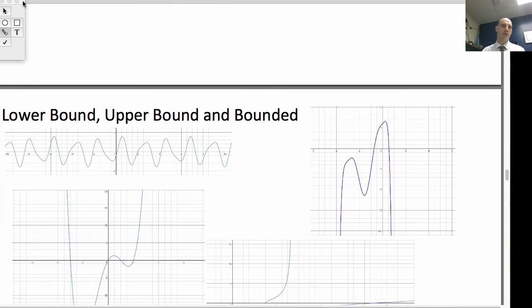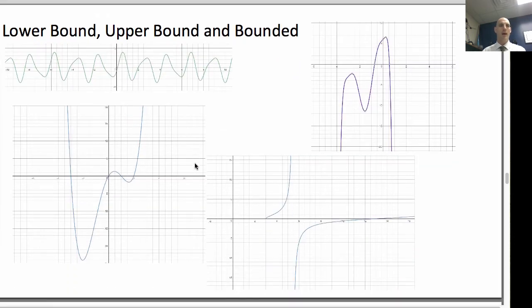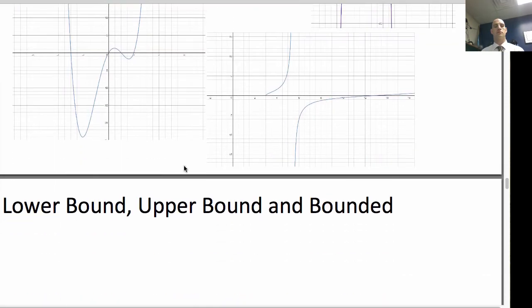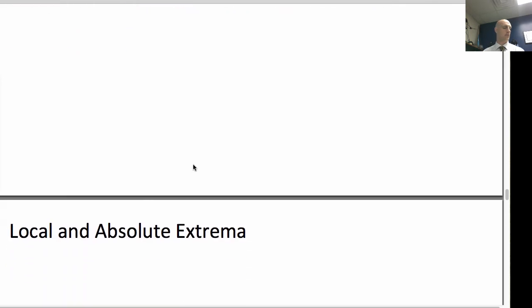Another principle in this one that we're going to talk about is lower bound, upper bound, and bounded. Okay? So, boundedness has to do with having a value. I'm going to scroll down here. Lower bound, upper bound, bounded.